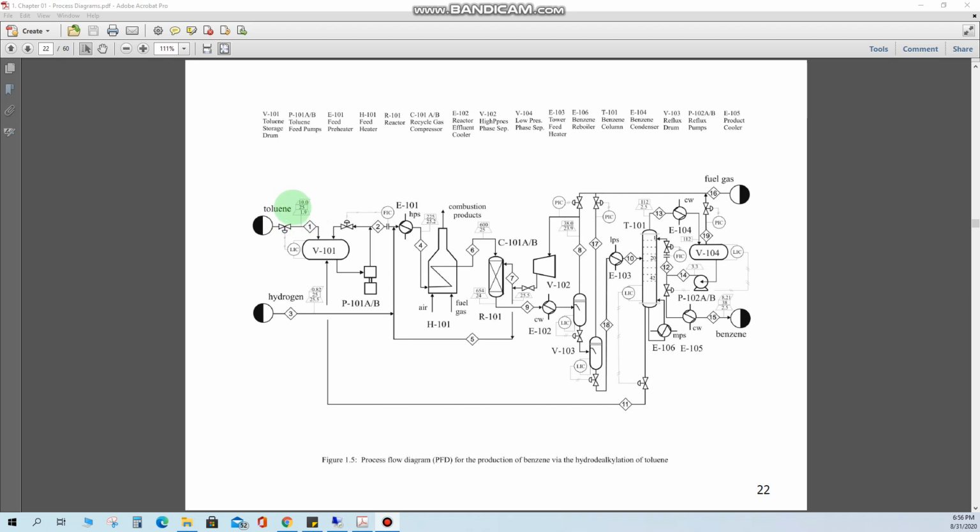For example, the middle one, the rectangle, whatever number is written in the rectangle represents the temperature of this stream. Similarly, the shape below the rectangular one represents the pressure of this stream. The top diamond shape symbol represents the mass flow rate of this stream. So you have to be careful while reading any flow sheet and understand what each symbol means.